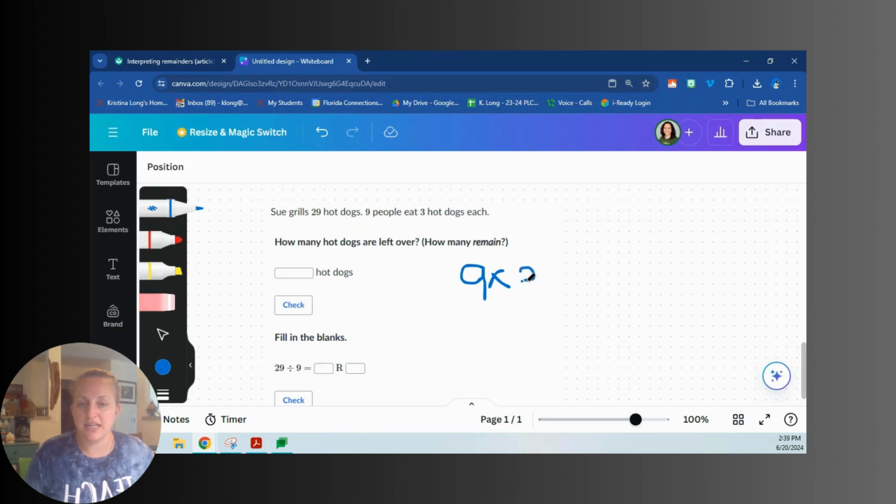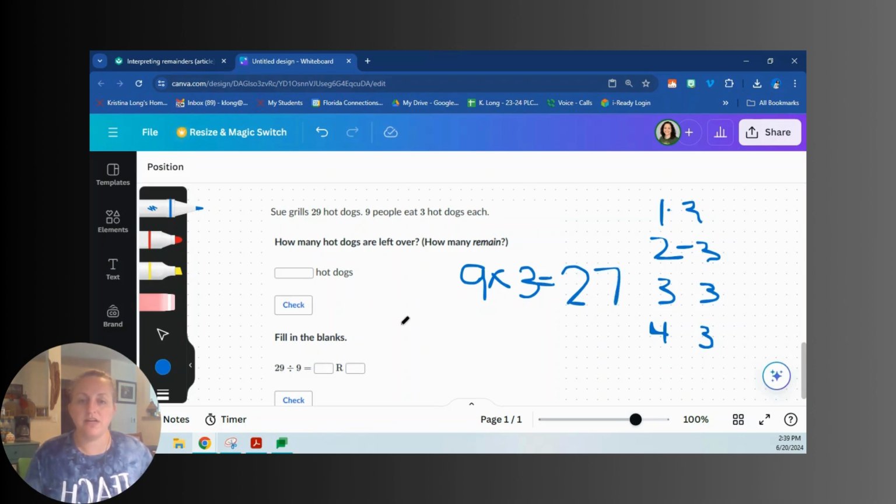In this case, that means that every single person, right, person 1 ate 3 hot dogs, person 2 ate 3 hot dogs, person 3 ate 3 hot dogs, person 4 ate 3 hot dogs. I'm seeing repeated addition, so that means I need to multiply. 9 times 3 equals 27. Okay, so how many hot dogs were left over, right?